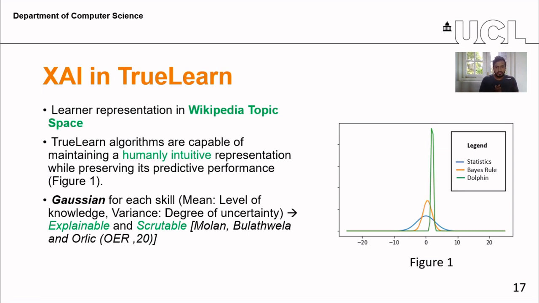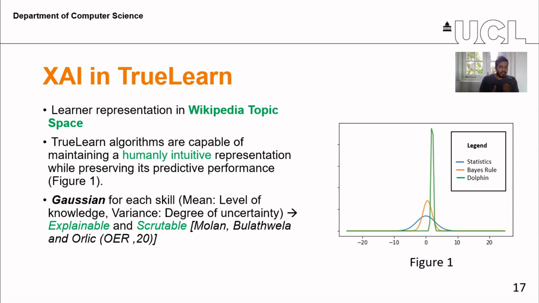So you can see that from the figure on the right. There are three knowledge components for which the values have been learned, and one of these is the statistics page, the other one is Bayes rule, and then the other one is dolphins. So apparently this person knows a lot about dolphins.